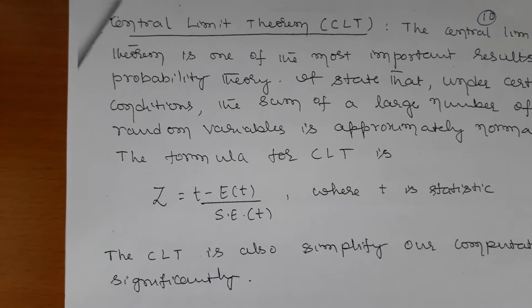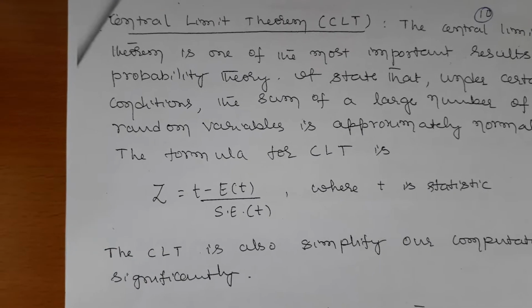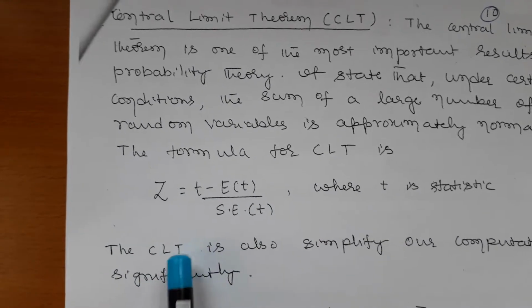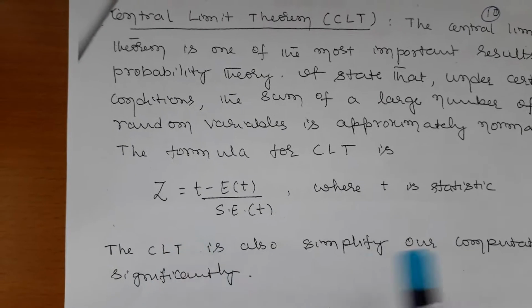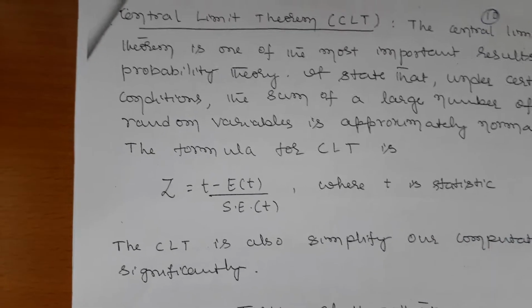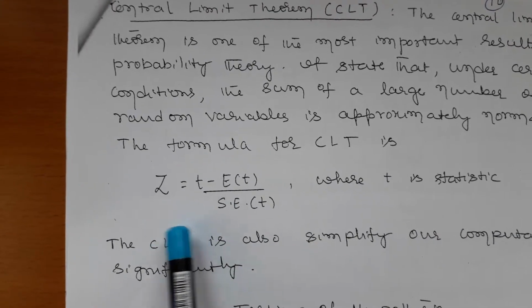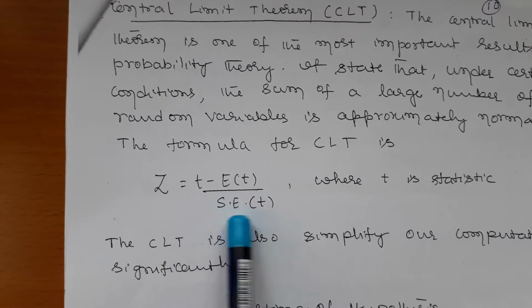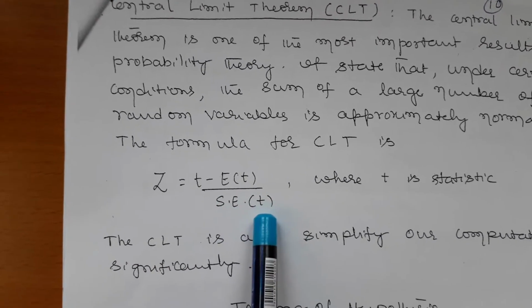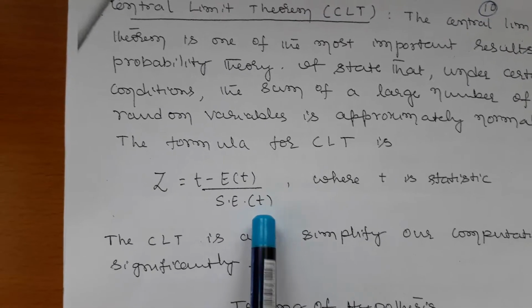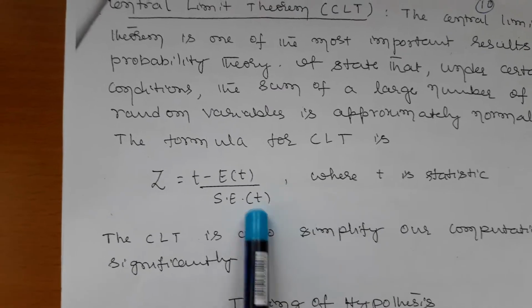Therefore we are going to use a modified formula to convert x to z. In the normal distribution, first you convert the random variable x into a standard normal variate, but here you can't use the same original formula. We are going to use the formula z is equal to t minus E of t divided by SE of t. SE means standard error of the corresponding statistic. Statistic means mean, median, variance or proportion of the sample.